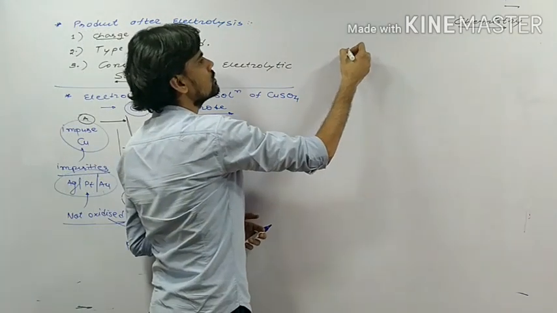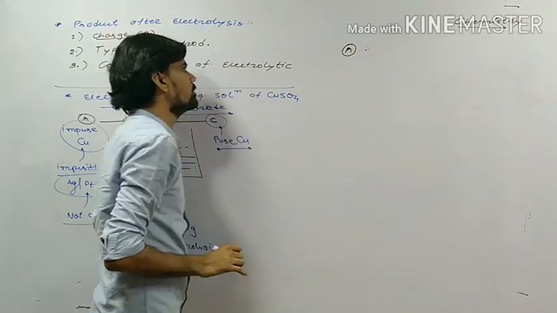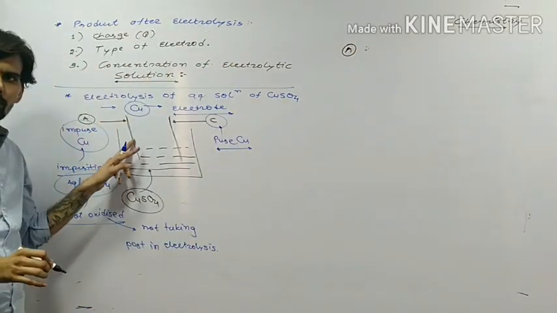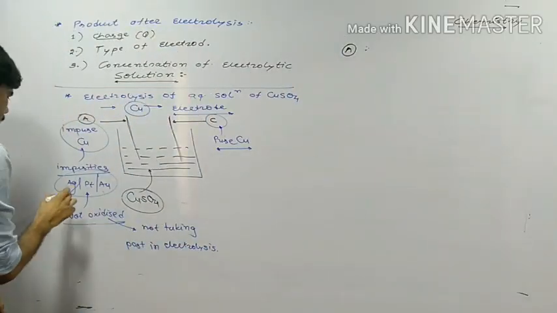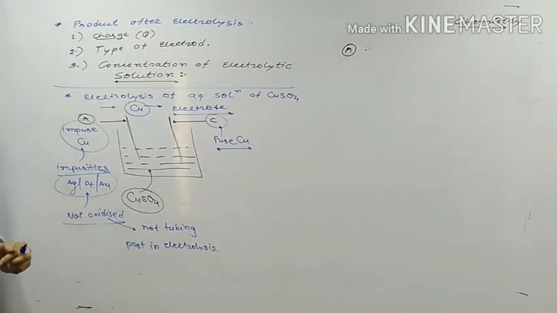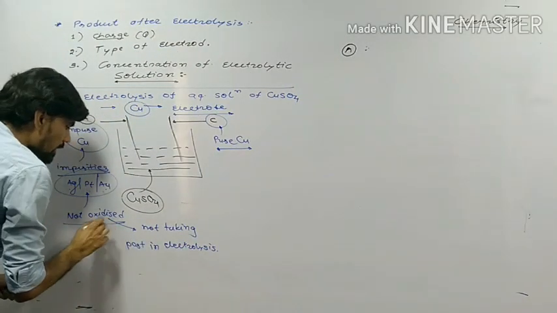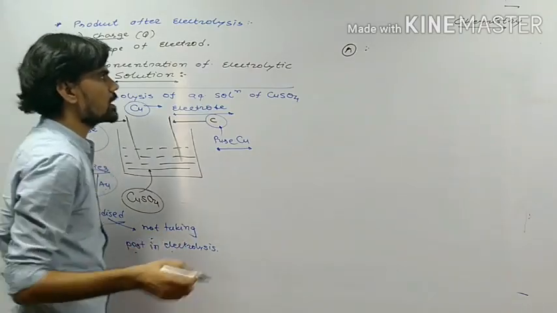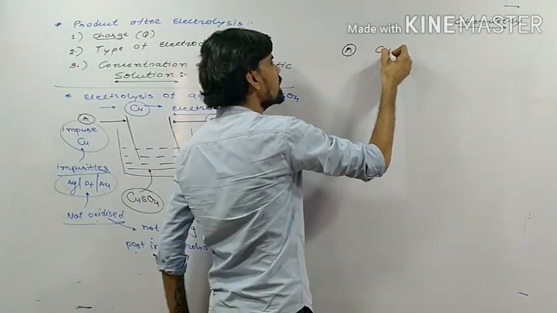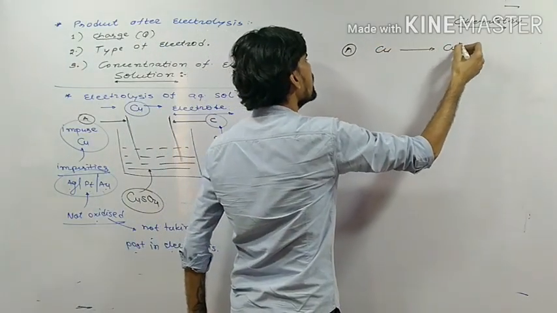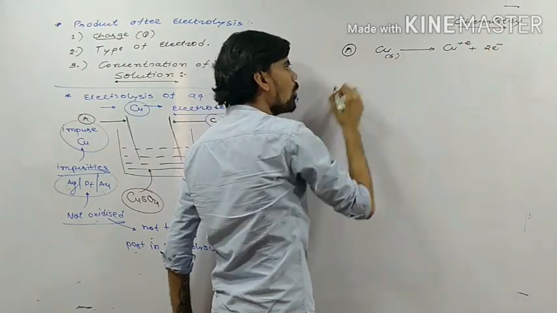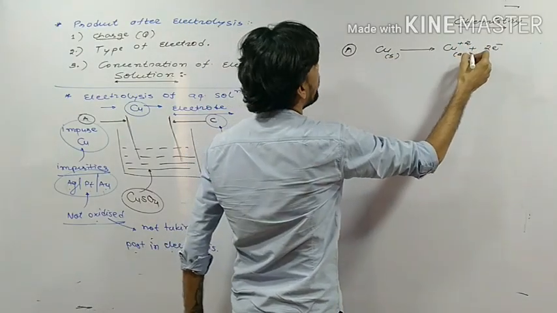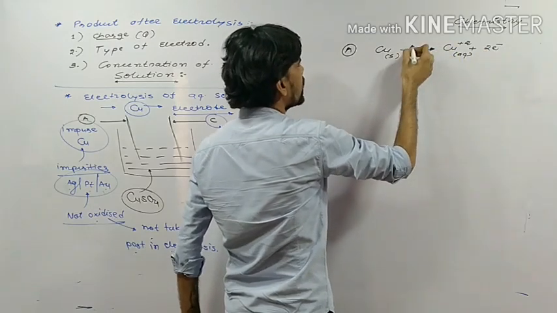So, on anode, there is copper, and in between that copper as an impurity, silver, platinum and aurum is present, but they are not oxidized or they are not taking part in electrolysis. So only copper gets oxidized. Copper solid will convert into Cu2+ aqueous plus 2 electron.